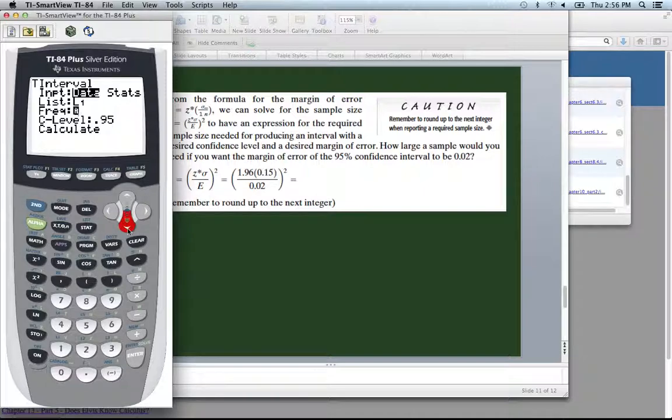And then let's say we do this instead of at 95%, at 99%. So we'll have a higher confidence level, and now we'll calculate.